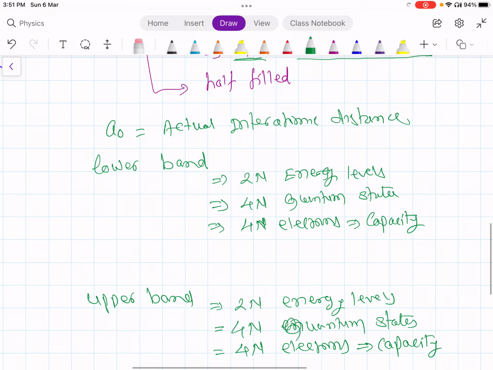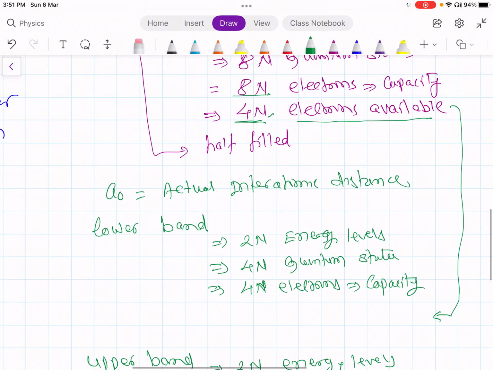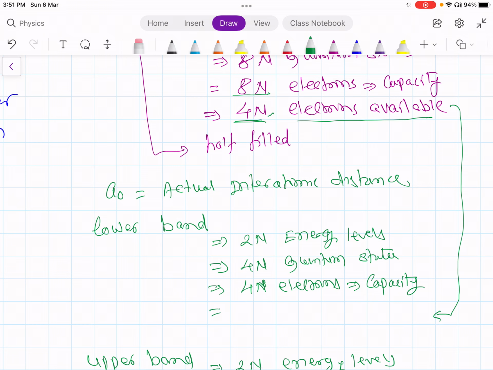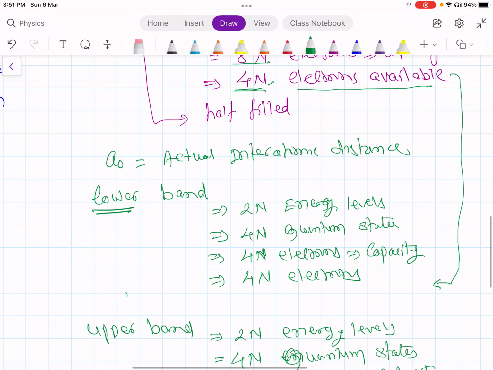So in the lower band there are 4n electrons, and the lower band is completely filled.